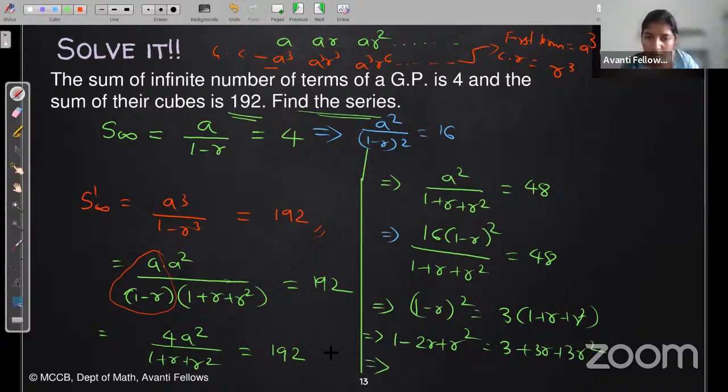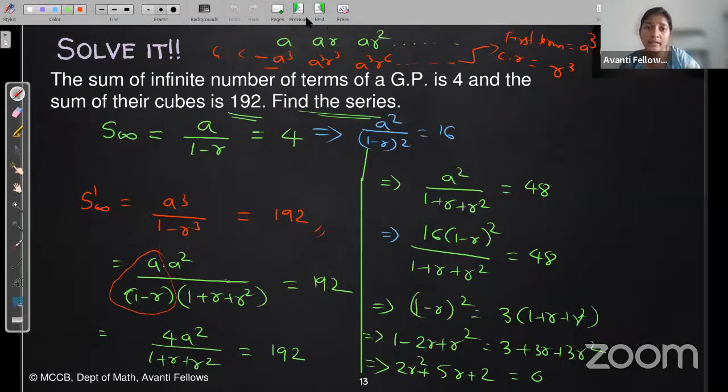Take all the terms on one side. We will get 3r squared minus r squared, that is 2r squared, plus 5r plus 2 equal to 0.